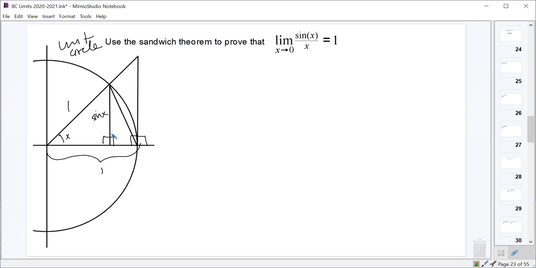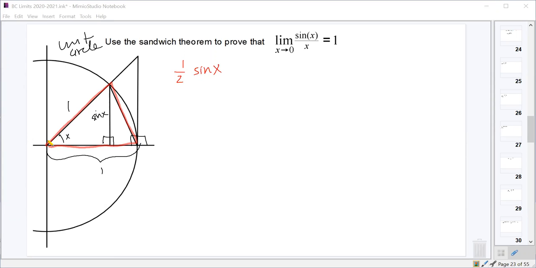So the height that we've gone up from the x-axis is sine x. And that should tell us that the area of that triangle in red, which I didn't draw very well, is one half the base of 1 times the height of sine x. So we've got the area of that triangle.